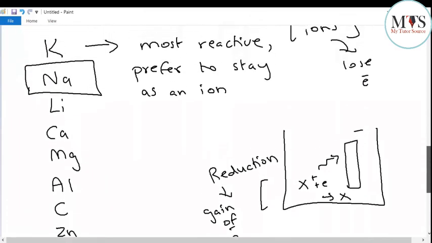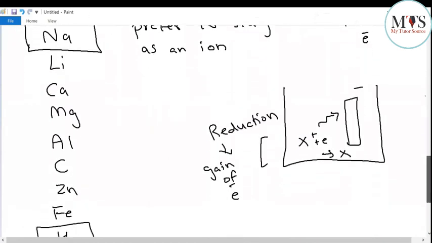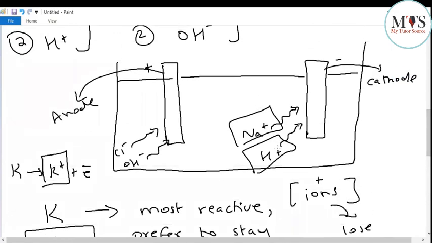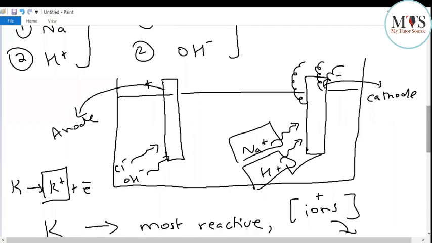This would mean that sodium would prefer to stay as an ion, and it will not go and reduce itself at the cathode, while the hydrogen is going to get reduced at the cathode because it does not like to stay as an ion. So out of sodium and the hydrogen ion, the hydrogen ion is going to get reduced, while the sodium is going to stay as this positive ion in the electrolyte, and nothing will happen to it. So what will we see? We will see that hydrogen gas is going to be released at this cathode. I hope it's clear.